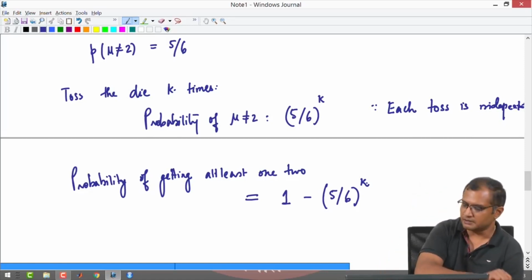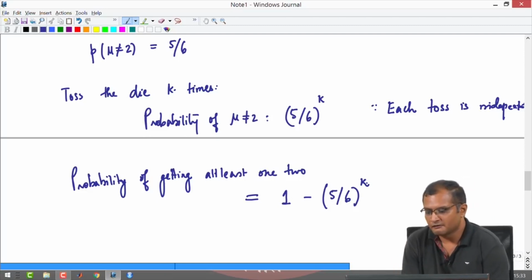So, the answer to the question is simply 1 minus 5 by 6 to the power k.